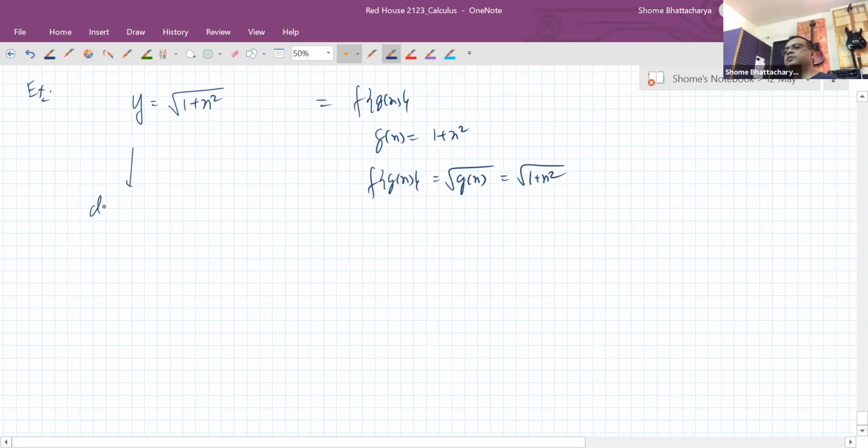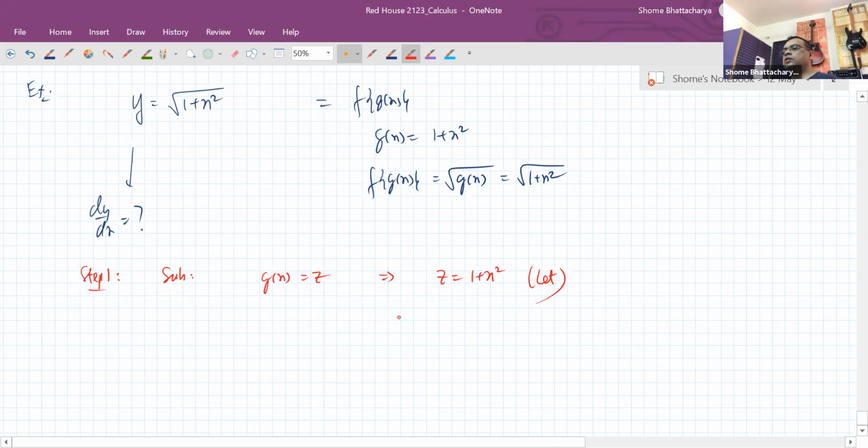So now to find dy by dx, first step, we'll apply the chain rule. We'll apply the substitution. For substitution, we will substitute g(x) as z. So in this case, we will substitute z as 1 plus x square. Okay, so this is our assumption.